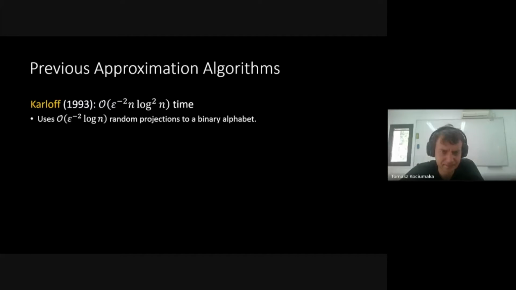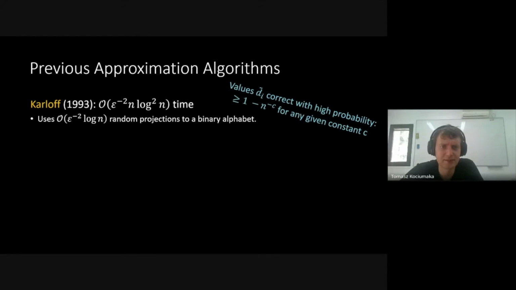And as this algorithm and most other algorithms in this talk are randomized, the assumption we are going to work with is that the answers should be correct with high probability. So we are working with Monte Carlo randomized algorithms, and each output d-tilde i needs to satisfy the conditions shown on the previous slide with probability at least 1 minus an inverse polynomial in n, where the exponent in the polynomial is an arbitrarily large constant given on the input.